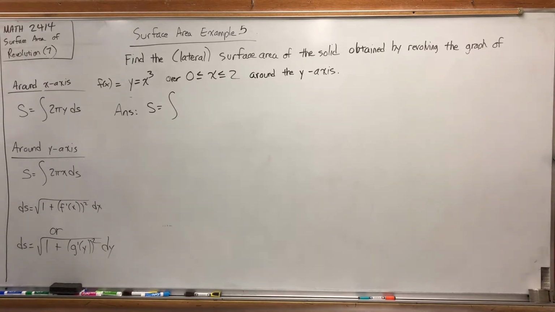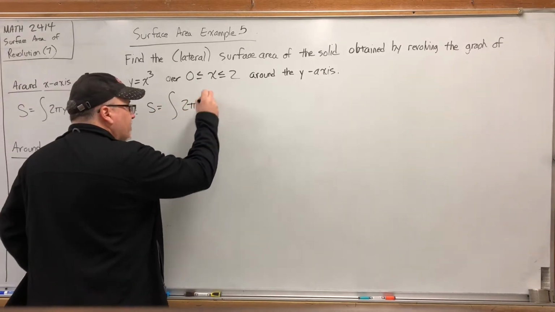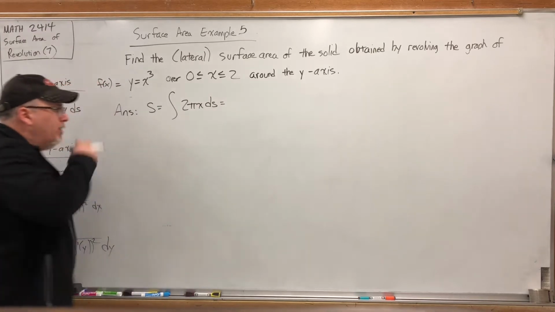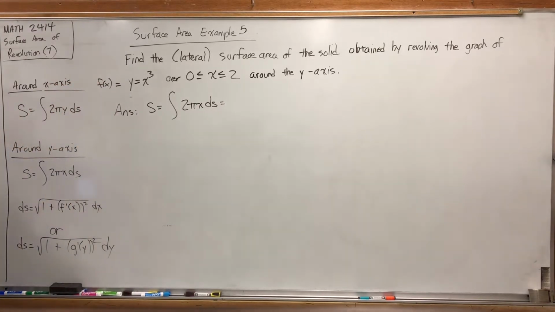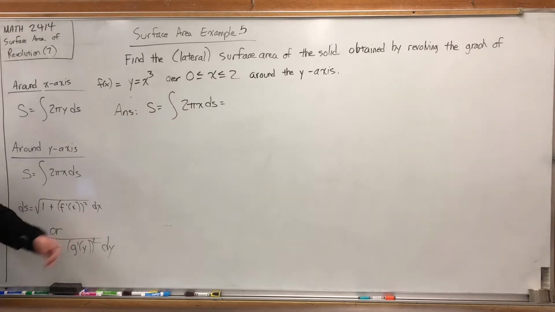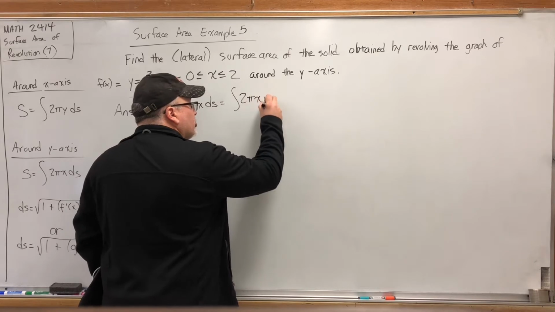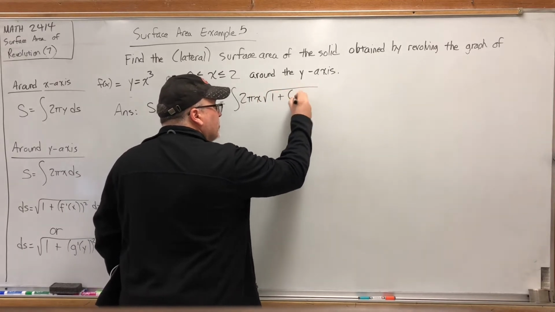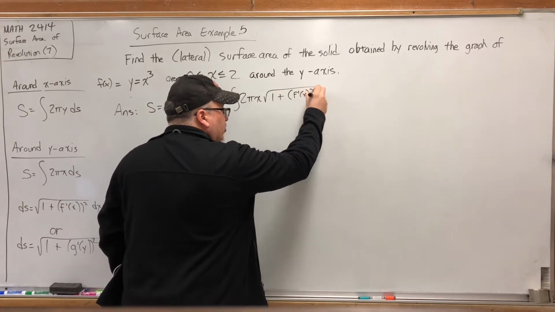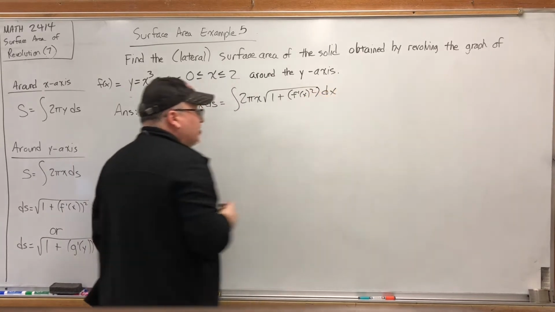Our surface area will be calculated using this version since we're going around the y-axis. 2 pi x ds. How do we unpackage the ds? Well, we have a function of x, so we want to unpackage it with a dx. So the integral of 2 pi x square root of 1 plus the square of the derivative of f dx.